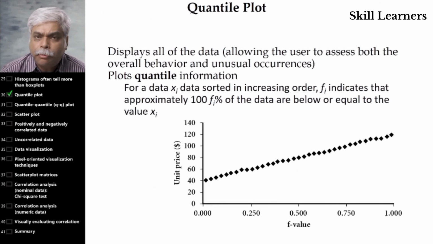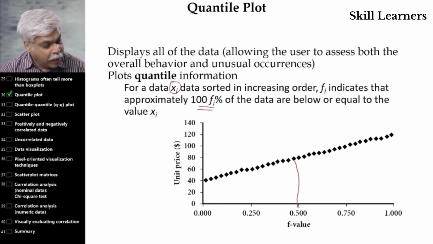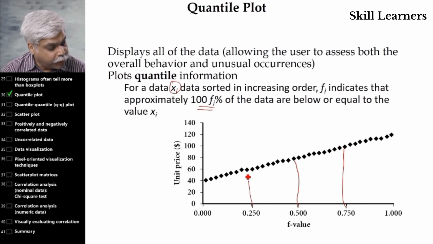What is a quantile plot? A quantile plot is a display of data that sorts it as if they were all equally spaced. Xi sorted and increasing, where Fi indicates what percentage of this data. So F at 50 means the middle value of the data. At 75 is the 75% point of the data. At 25 is the 25 point of the data.